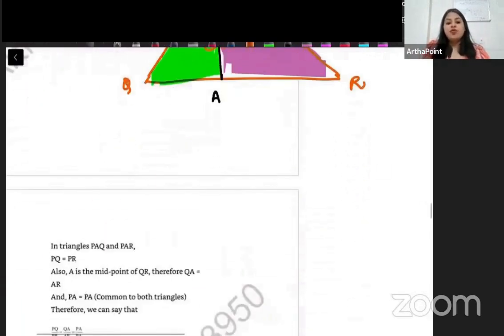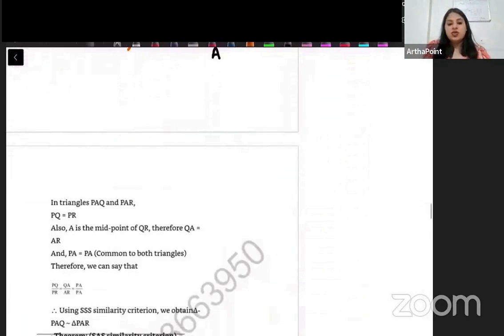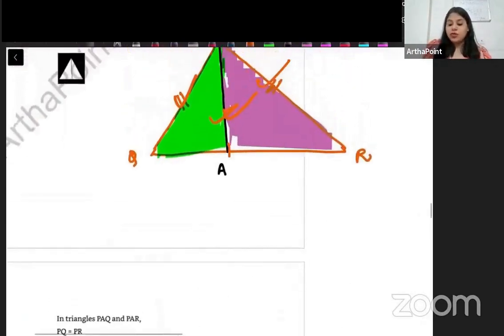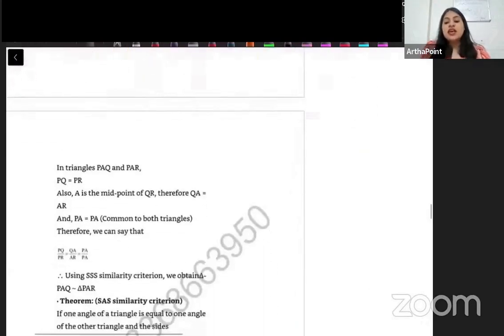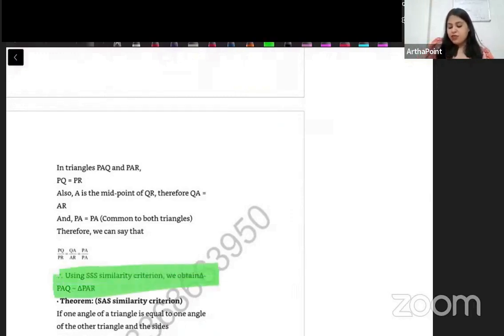So we have proved that in these two triangles, and this is the midpoint, so this is also equal to this. So sides are equal to each other. That means they're also proportionate to each other. So using the SSS criteria, we have proved that the two triangles are similar. This is called SSS criteria.